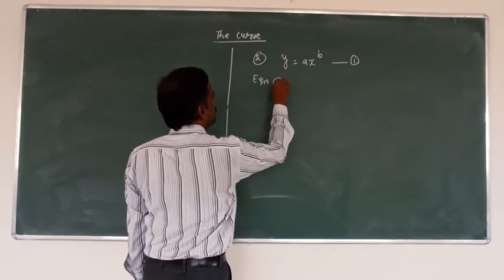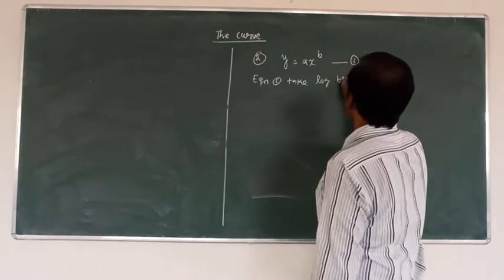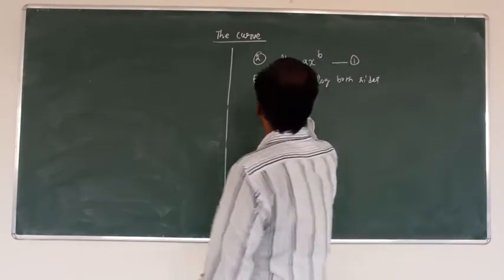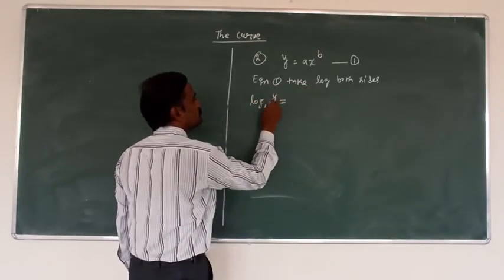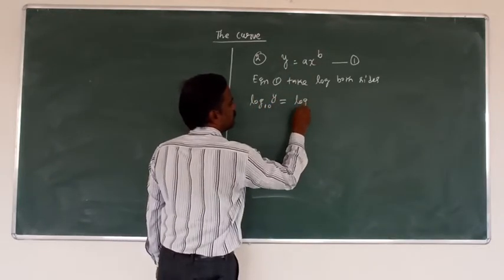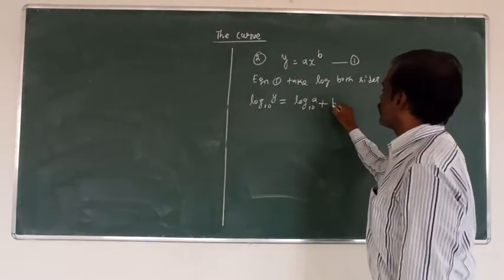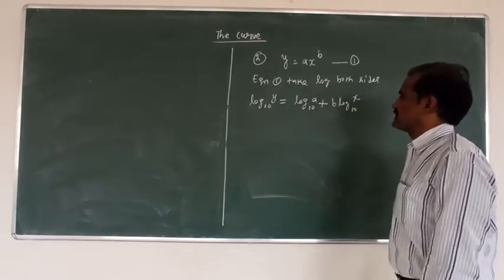Log 10 y equal to log 10 a plus, the power comes down, log 10 power x.